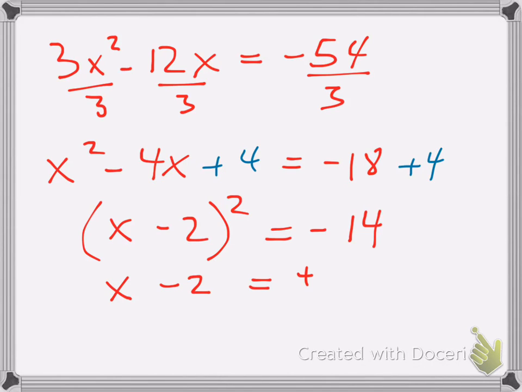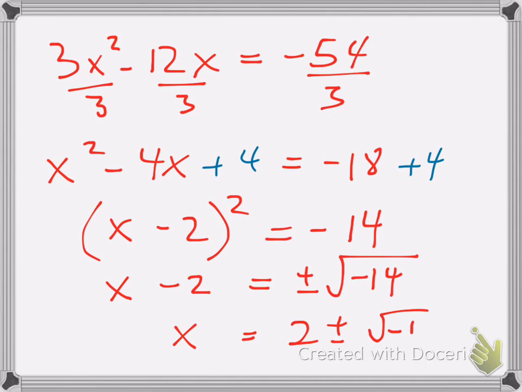X minus 2 equals plus or minus the square root of negative 14. Then x equals 2 plus or minus the square root of negative 14. That's our two imaginary solutions, which in a simplified form would be 2 plus or minus i times the square root of 14. So this one has two complex solutions.